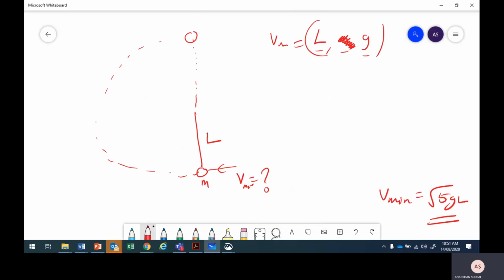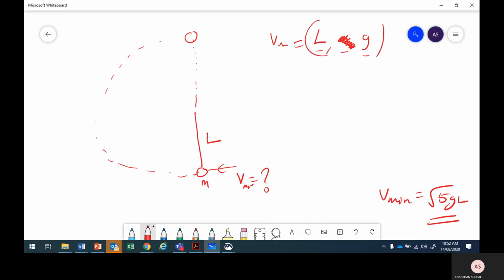You have to use conservation of energy. What type of energy at the bottom? 100% kinetic. What type of energy at the top? Potential, and it has kinetic at the top. It should have kinetic, but if you don't have kinetic, you fall down. So total kinetic energy at the bottom equals potential energy plus kinetic energy at the top. That will lead you to that answer.